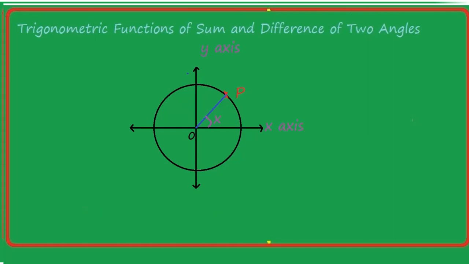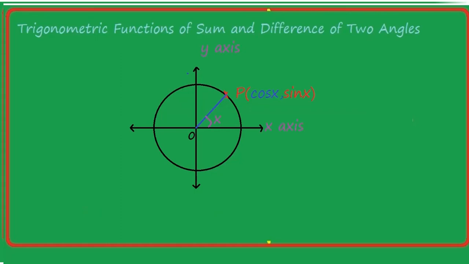And if this angle is x, then the coordinate of P is (cos x, sin x). You remember this result, the coordinate of P is (cos x, sin x), where x is the angle made by OP with the positive direction of x-axis. And using these three results, it is possible to derive the formula.